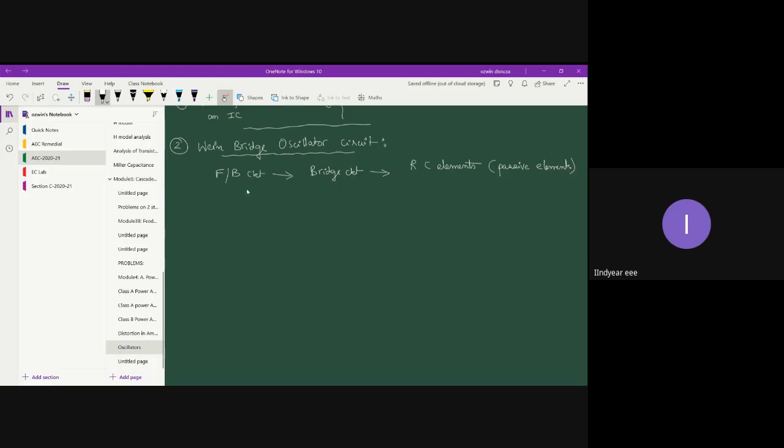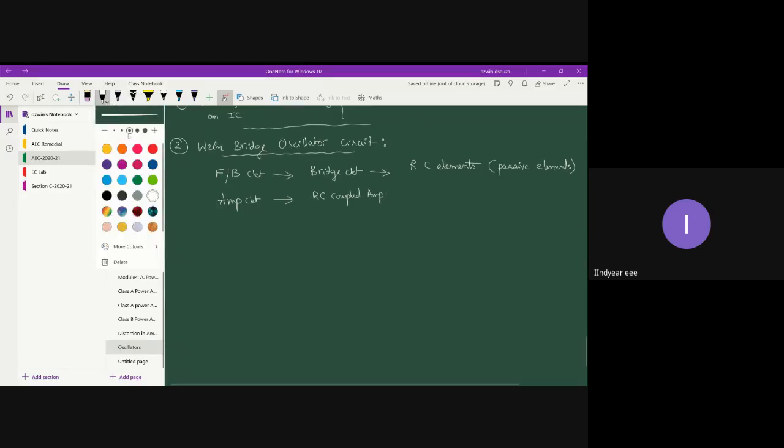And in the amplifier section, you will have an RC coupled amplifier. RC coupled amplifier, you know, right? It is constructed on the basis of a voltage divider bias circuit.